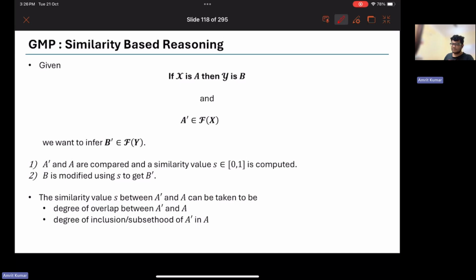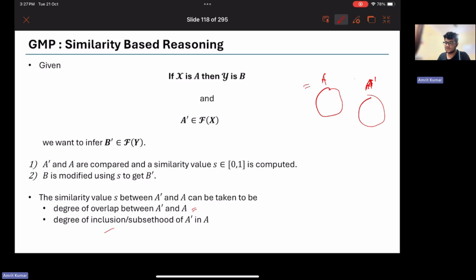It basically tells you to what extent A dash matches A. And therefore, we can take the similarity value S to be the degree of overlap between A dash and A. It can also refer to the extent to which A dash is included in A, in other words, the degree of inclusion or subsethood of A dash in A. So suppose my fuzzy set A looks like this, and my fuzzy set A dash looks like this. I should be a bit careful here because a fuzzy set does not have a crisp boundary.